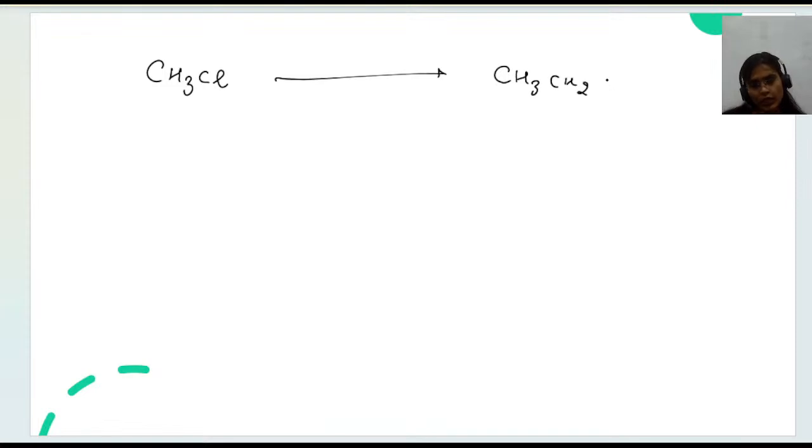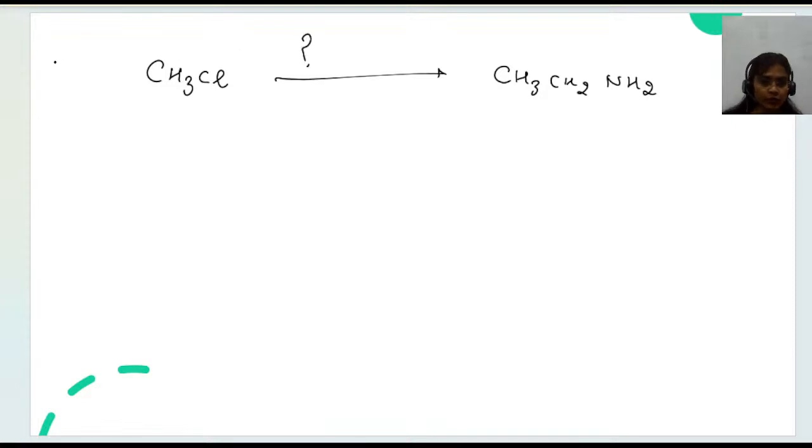Now let's see a kind of question for you. Just answer the question. I want to convert CHCl3 into CH3CH2NH2. You will tell me which kind of reagent I can use.